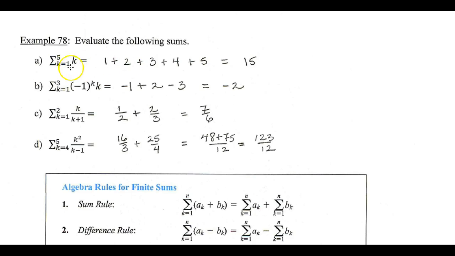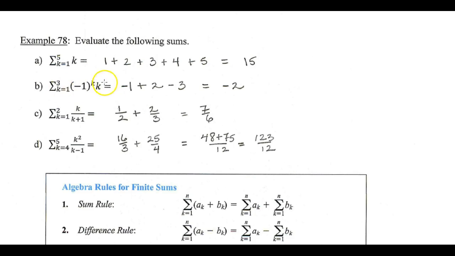Then I add to that, plug in k equals 2, I get 2. Then I add to that, plug in k equals 3, I get 3. Then I add to that, plug in k equals 4 to get 4. Then I plug in k equals 5 to get 5, and that's a stopping point. And then I can add them up: 1 plus 2 is 3, plus 3 is 6, plus 4 is 10, plus 5 is 15.